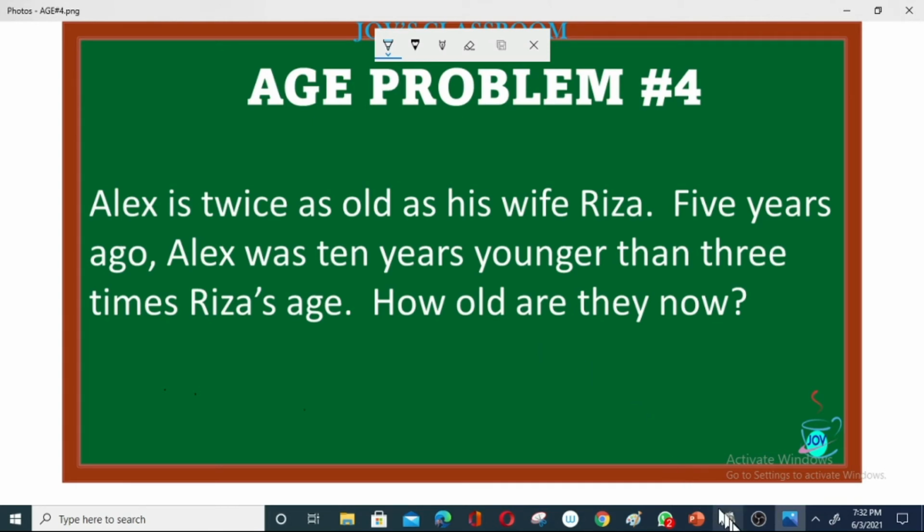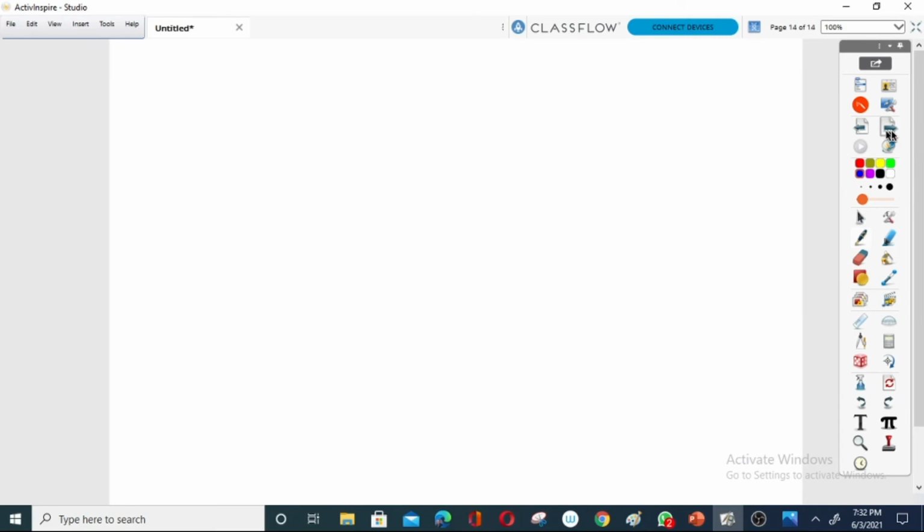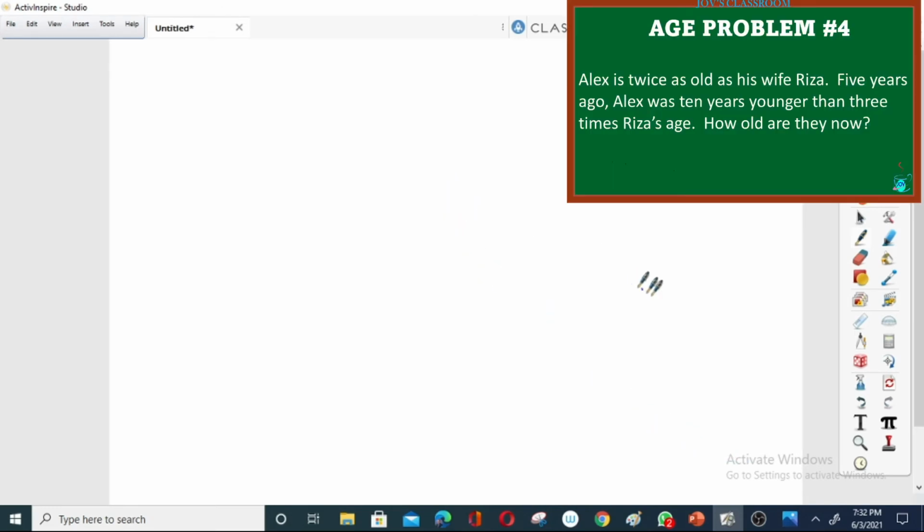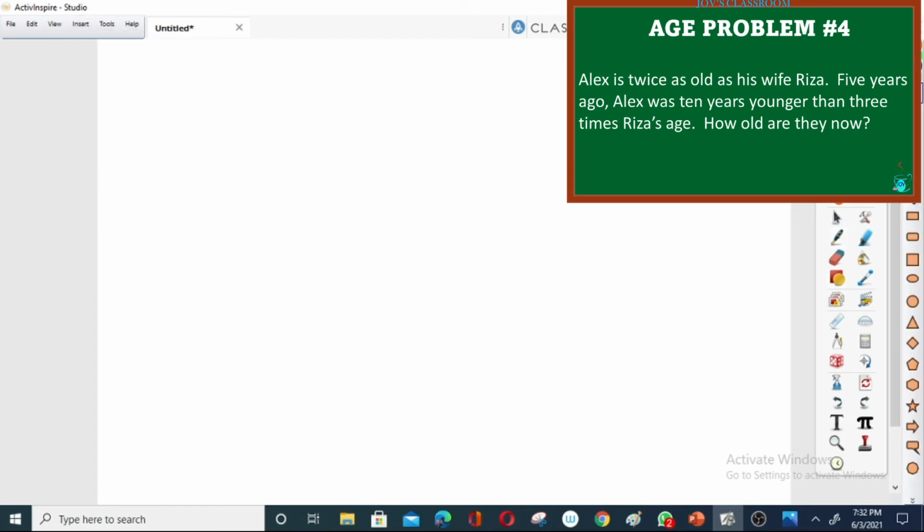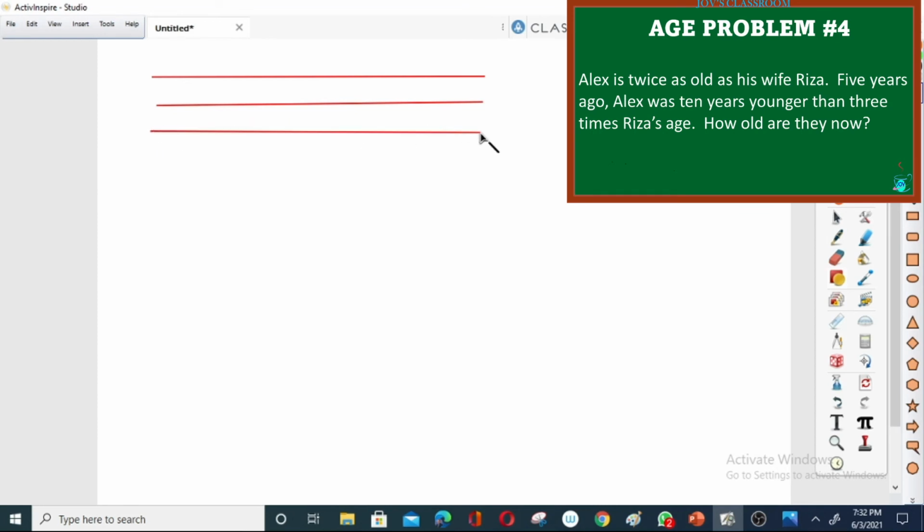Okay, so as usual, how many persons are involved? There are 2, Alex and Risa only. So we need 2 rows. Person's name, present age, and I think it involves only one past age.